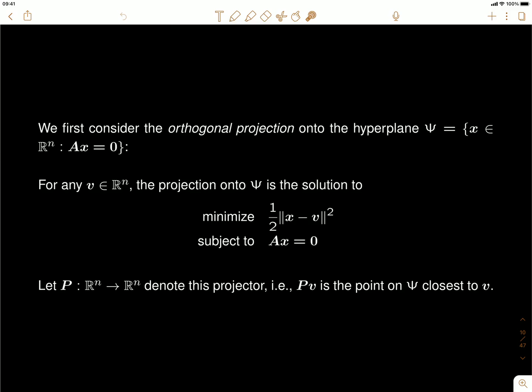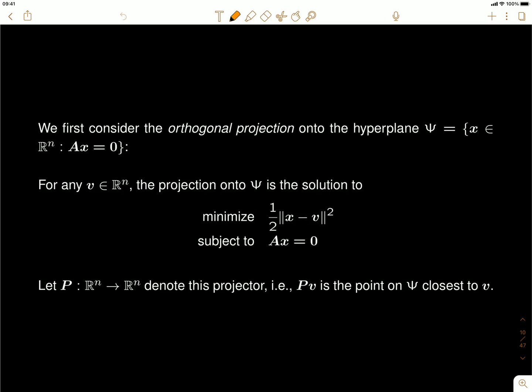And this is a hyperplane because this gives us a linear subspace of R^n, and this linear subspace is actually the null space of the matrix A. It's all the vectors x such that Ax equals 0. So it's just the null space of the matrix A. Now we just need to consider what the projection of any vector onto this hyperplane or this subspace is.